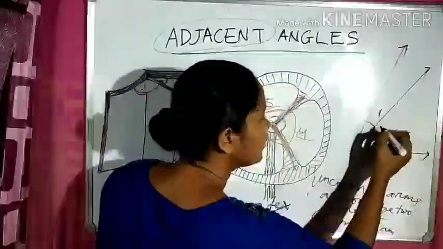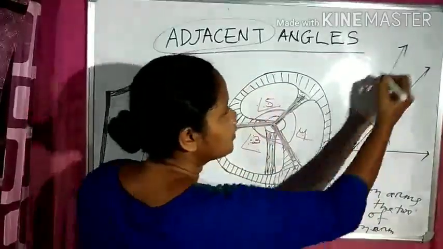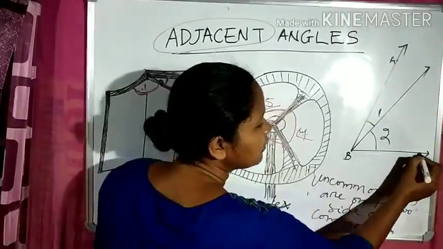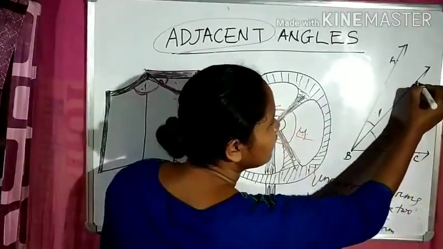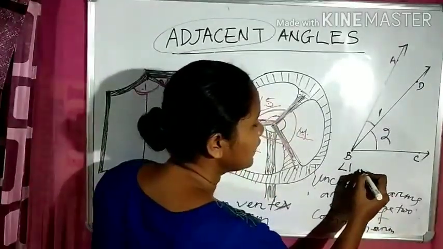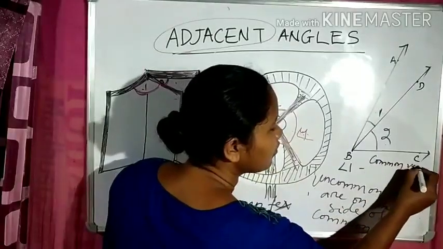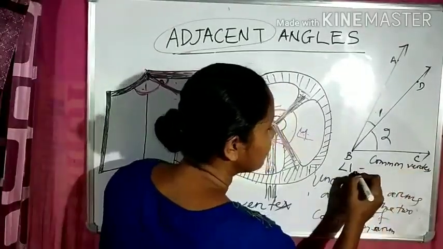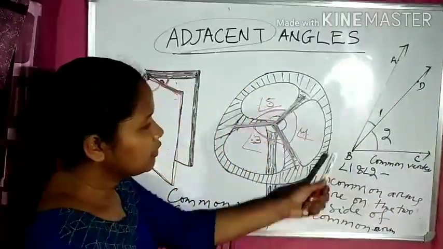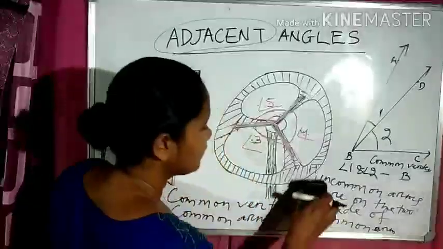If I name the points A, B, C, D, angle 1 and angle 2 have a common vertex. What is the common vertex? B. B is the common vertex.